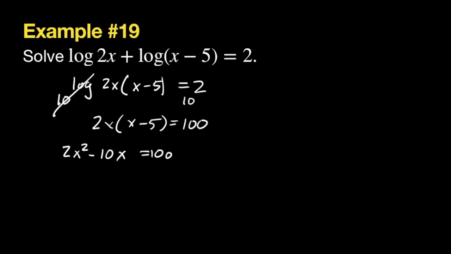Because we don't have a straightforward answer, we're going to have to solve this using any method from quadratic functions. So I'm going to subtract 100 from both sides. 2x to the second minus 10x minus 100 is equal to 0.